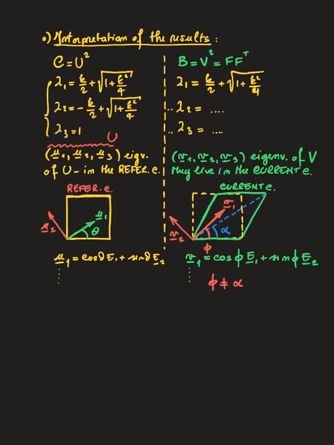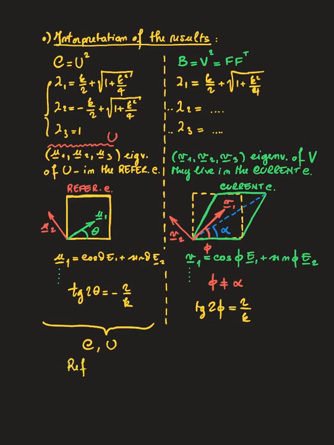And in particular, while the tangent of 2 theta is equal to minus 2 over k, you can find that the tangent of 2 phi is equal to 2 over k. So if you do a little calculation, and essentially you have to repeat all that we did for C, you repeat it for V. The only difference is that when you work in terms of C, or which is also to say U, we work in the reference configuration.